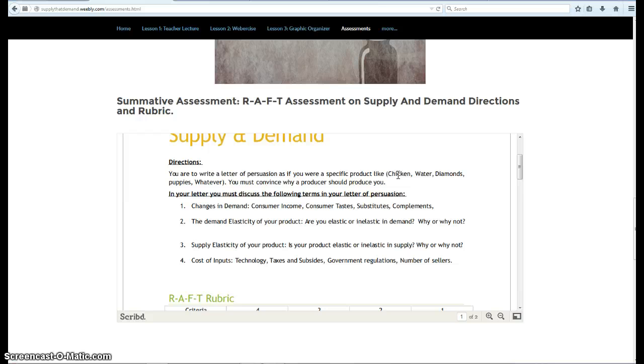So it uses my students' imagination to really incorporate all these concepts into this letter. Here I make sure that the students understand what I'm looking for by saying changes in demand, demand elasticity of your product, supply elasticity of your product, and cost of inputs.